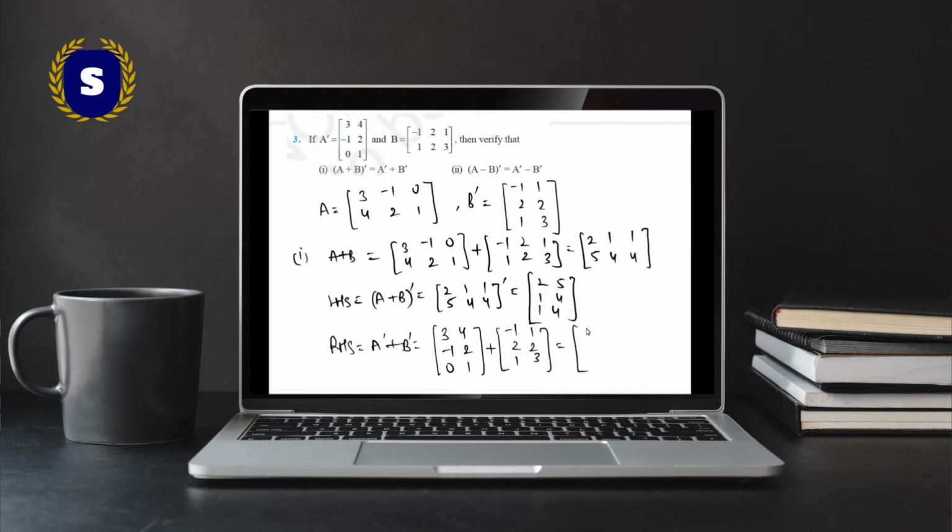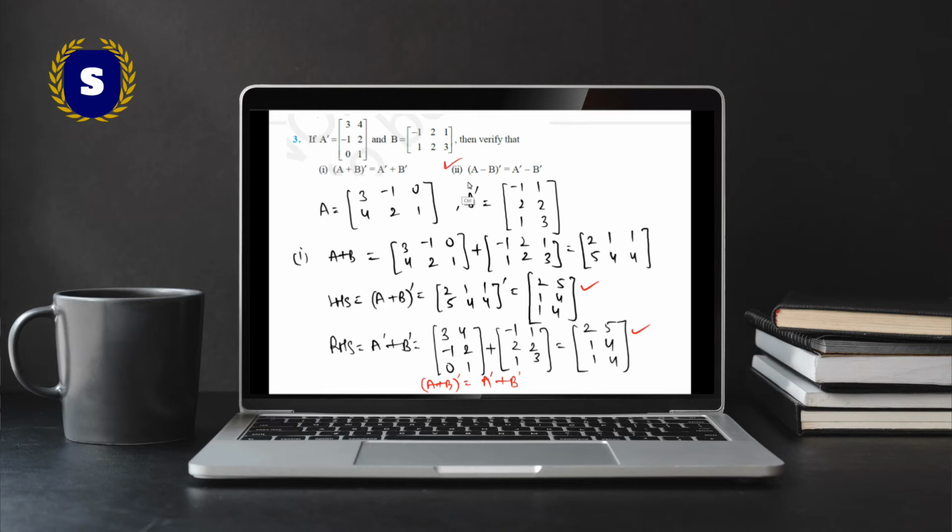This comes out to be 2, 5, 1, 4, 1, 4. So you can see that these two matrices are equal, that is LHS equals RHS, or we can say (A plus B) whole transpose is equal to A transpose plus B transpose.